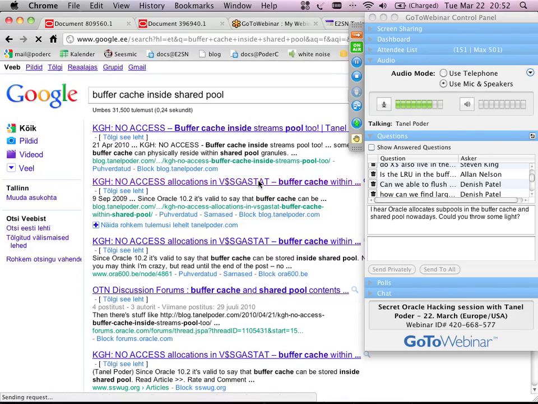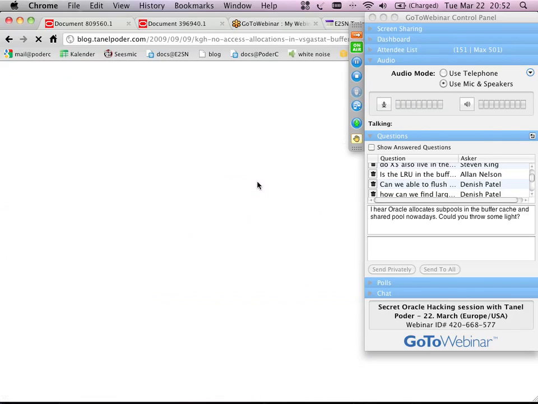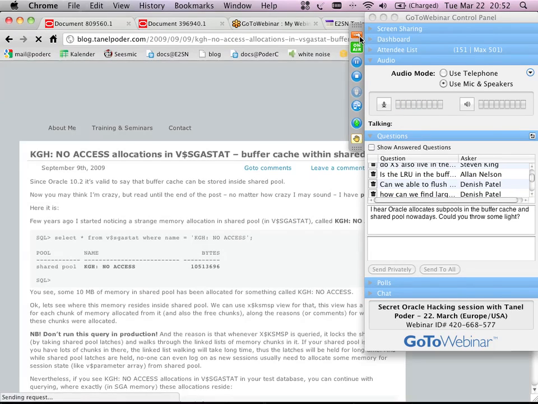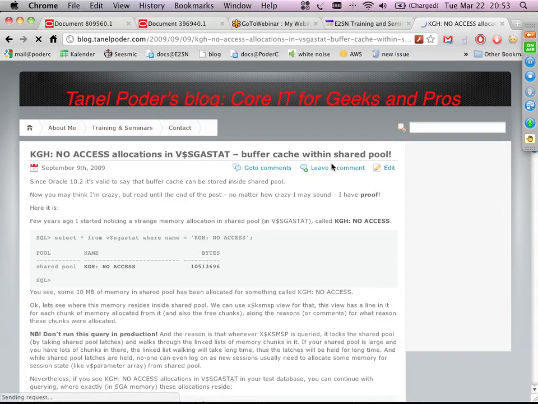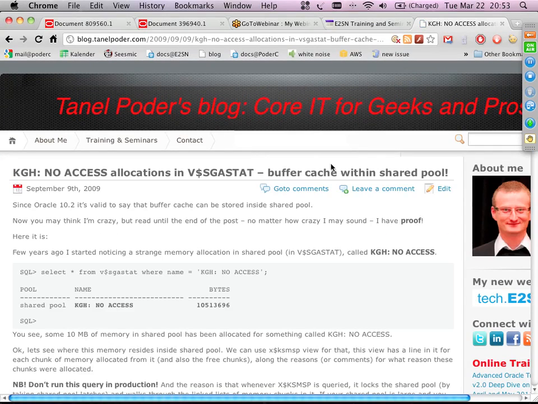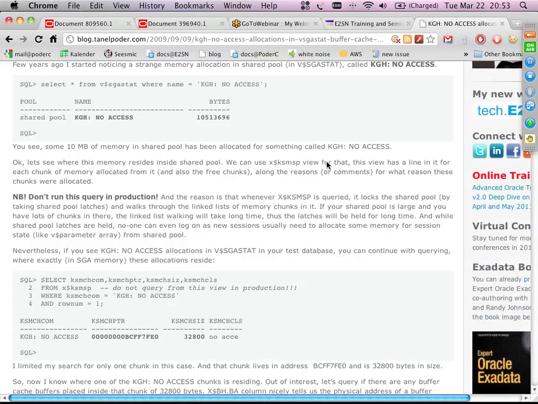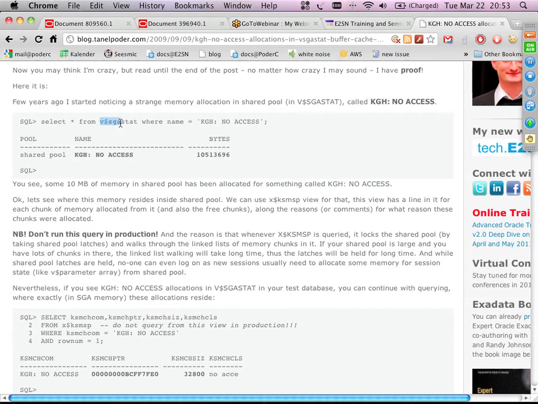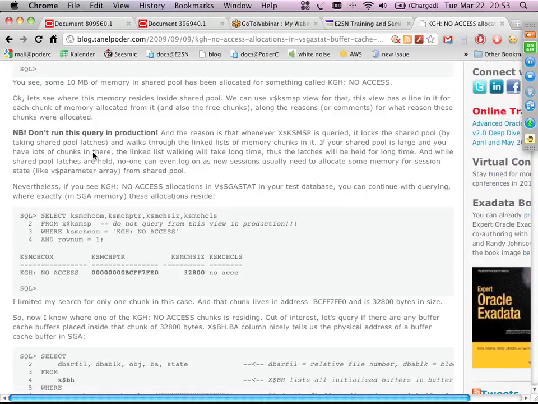So if you look into the second article, that's a good article for finishing up actually. Next time when you look into SGA stat and you see KTHLU access, so that for some reason somebody takes 10 megabytes from my shared pool for KTHLU access, then read this article further.